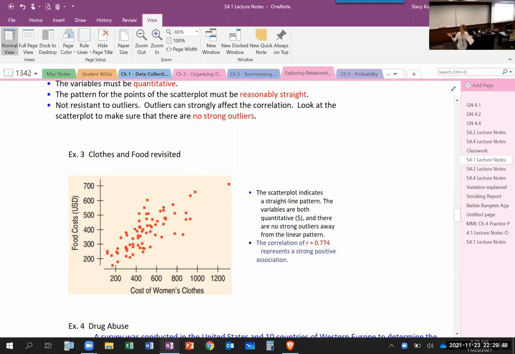There's a 0 right in the middle. The closer my R value is to 1 or negative 1, the stronger the relationship. The closer my value is to 0, the less relationship I have. So it's a way for us to measure that. Because this is 0.774, we would say that it has a somewhat strong positive relationship.